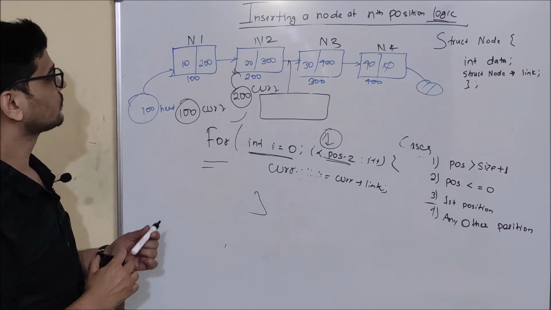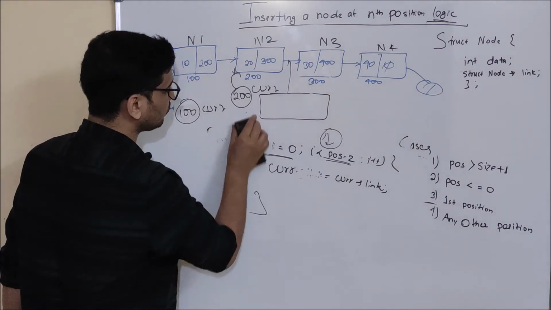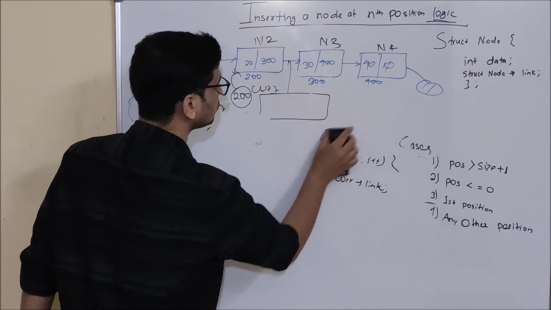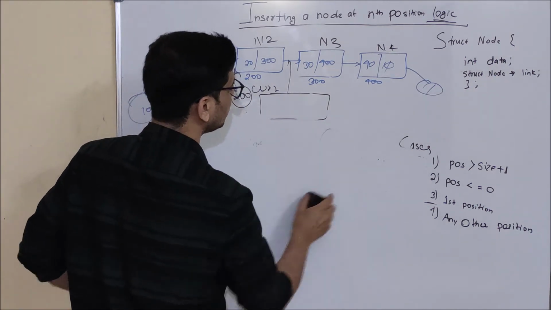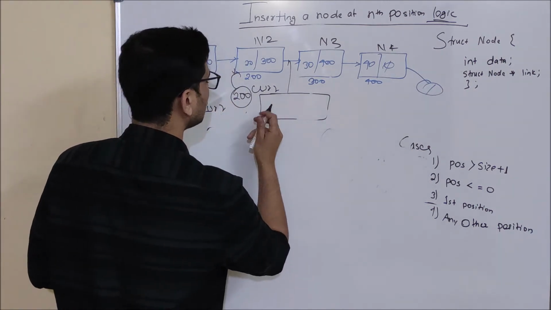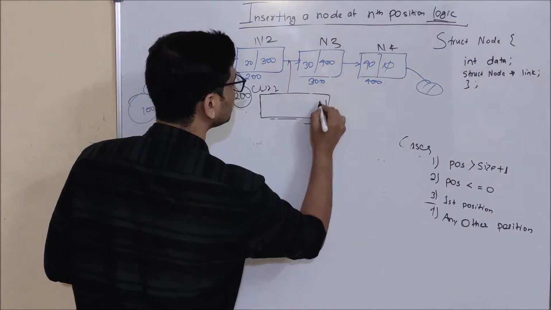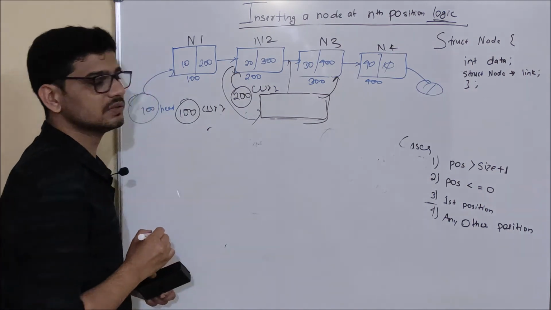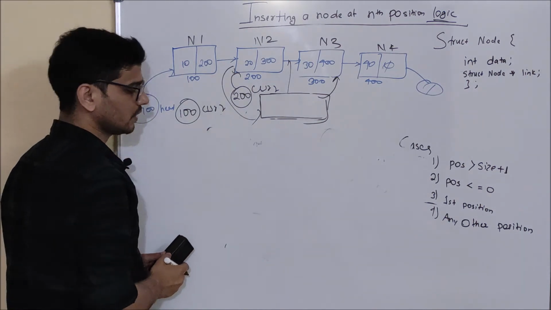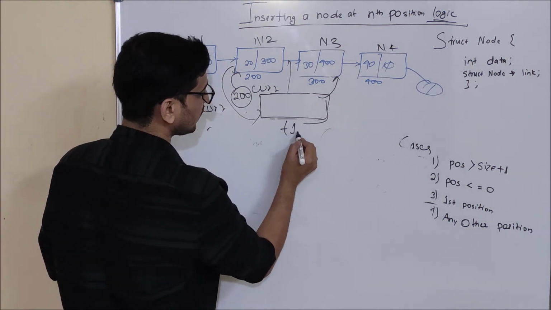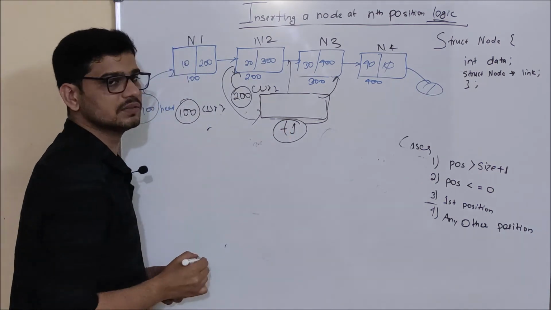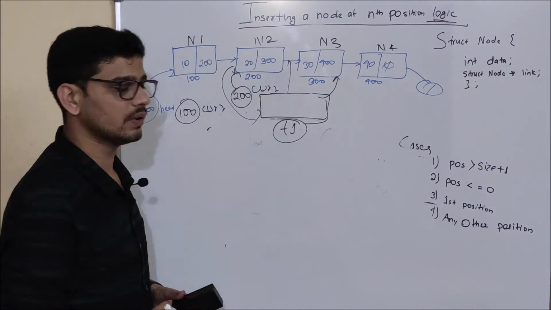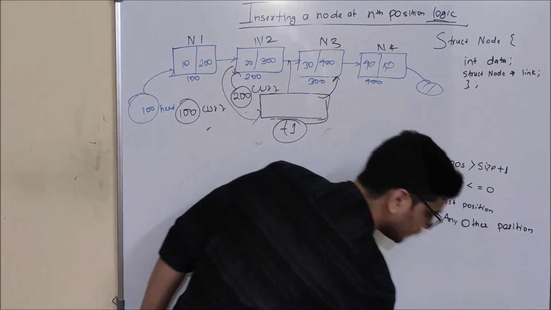Now see how we are going to manipulate these pointers so that the inserted node will start pointing to this node, and node 2 will start pointing to this particular node. Suppose I am holding the address of this particular node in a pointer called T1. So how are we going to do it?